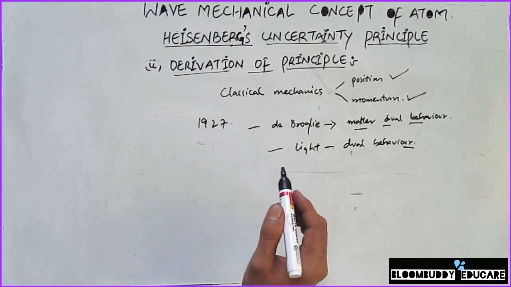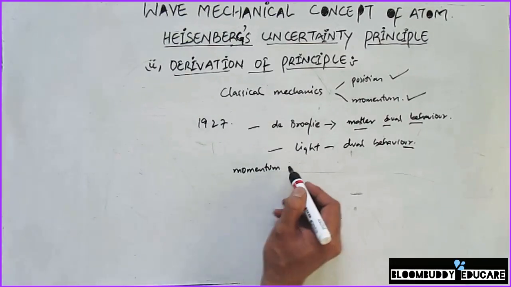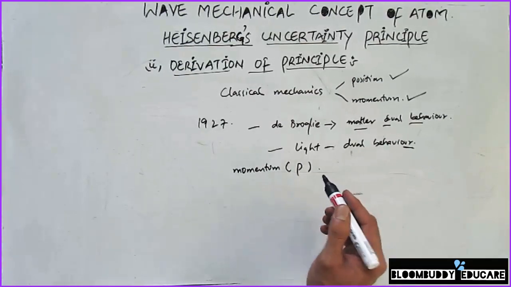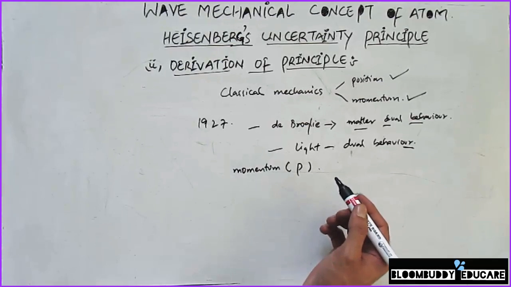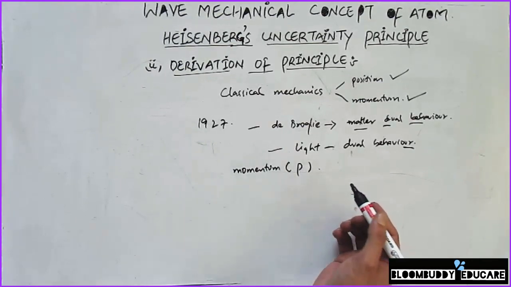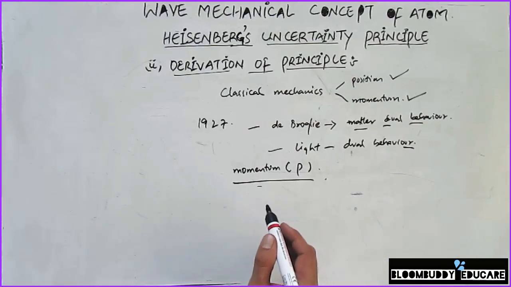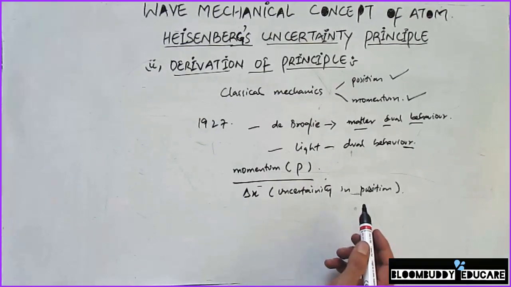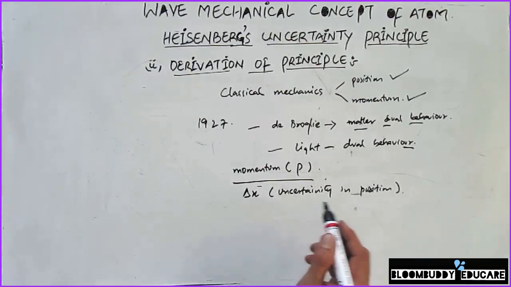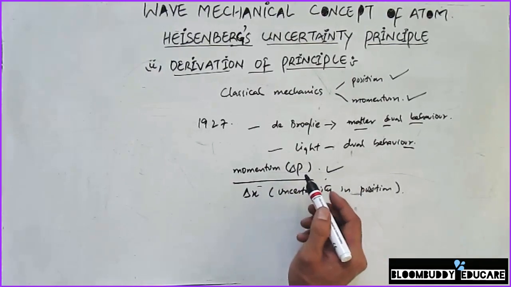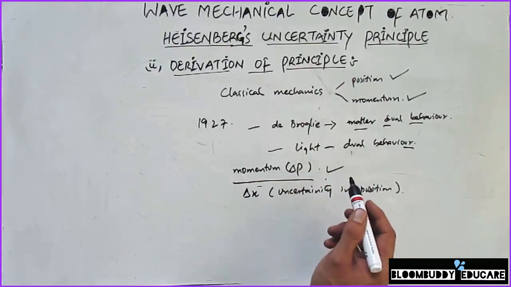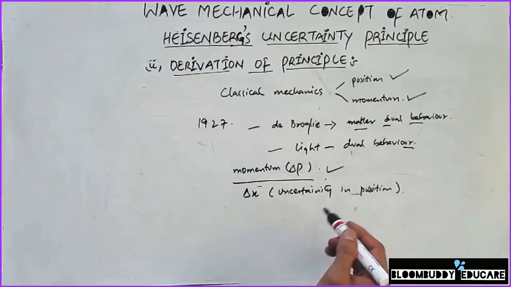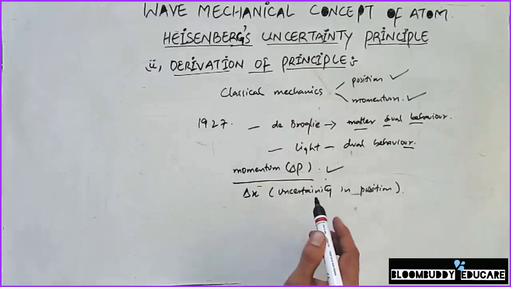This law means that if an attempt is made to measure the momentum, represented by p, of an electron with higher accuracy, our knowledge about its position becomes less accurate, and vice versa. Mathematically, if delta x is the uncertainty in the position of the object and delta p is the uncertainty in the momentum of this particle, then the product of these two uncertainties is always greater than or equal to h by 4 pi.